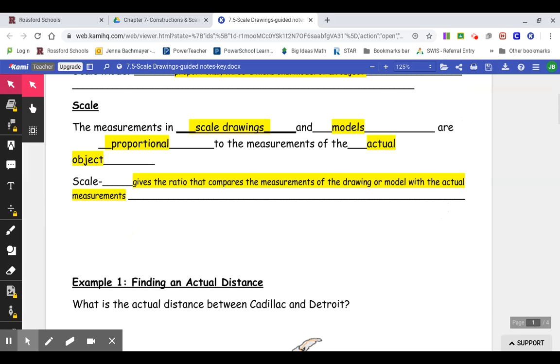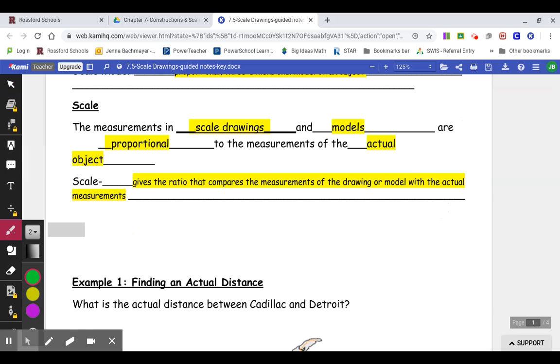All right, a scale. Scale gives the ratio that compares the measurements of the drawing or model with the actual measurements. So if we are looking at our scale, we have the model compared to the actual.